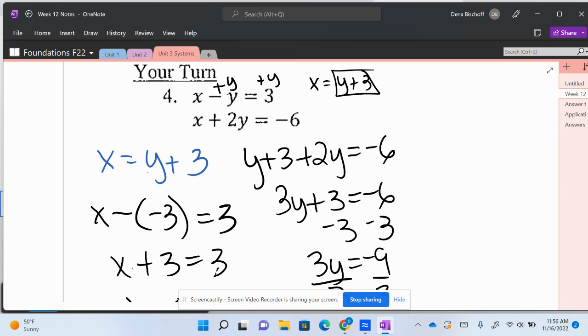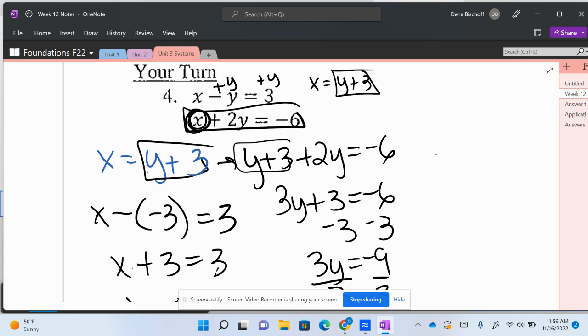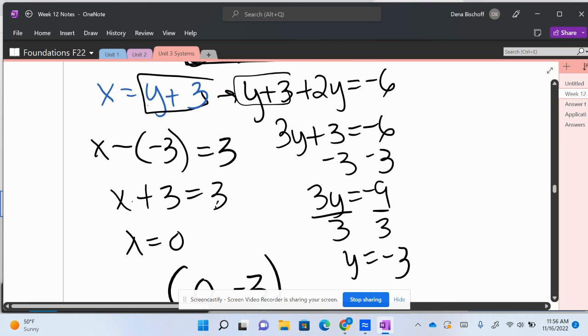In this second equation, I replaced the x with that. Y plus 3 plus 2y equals negative 6. 1y and 2y is 3y, plus 3 is negative 6. When I subtracted 3 from both sides, I found out that y equals negative 3.